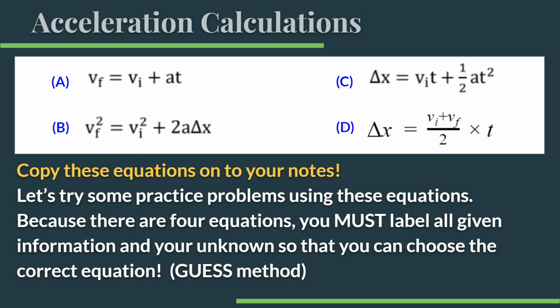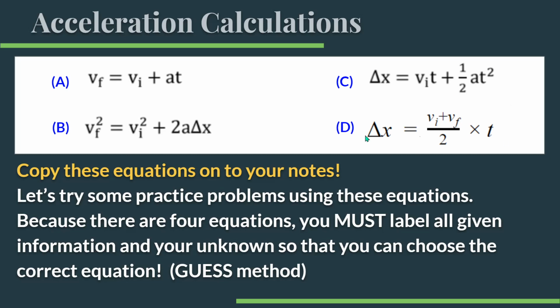The third equation is delta x, or displacement, equals initial velocity times time plus 1/2 times acceleration times time squared. Please make a note in this particular equation that only the time is being squared. Please don't square 1/2 or A, it's just T squared. So this equation again is delta x equals VIT plus 1/2 AT squared.